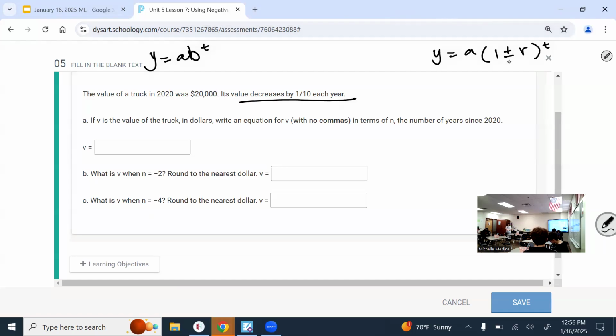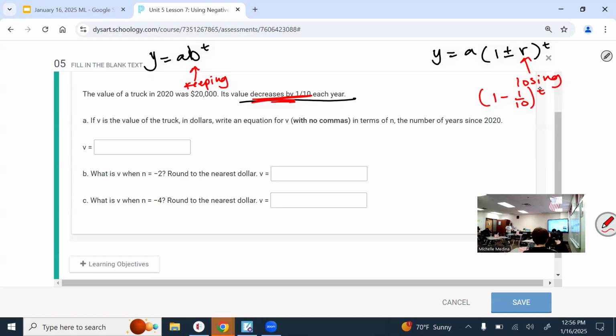The one where you can't. Because this one tells us what we're losing, or growing by, depending on if it's increasing or decreasing. And this one tells me what we're keeping each time. It's decreasing by 1/10. So in this, it's going to be 1 minus 1/10.